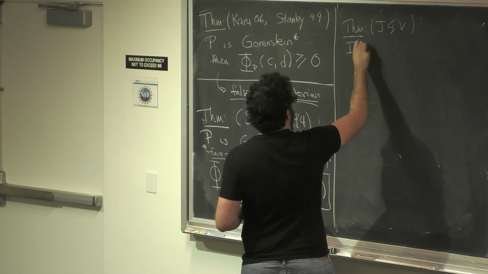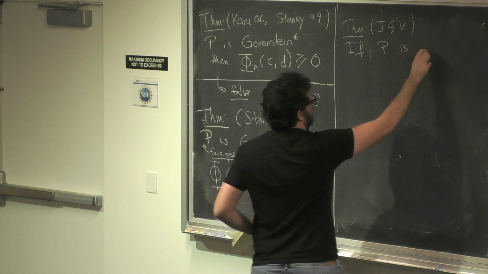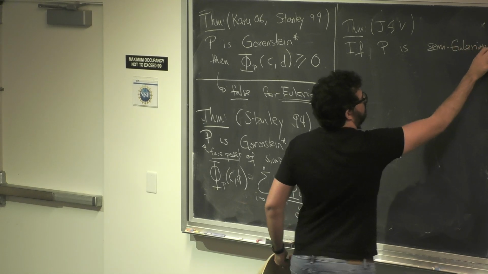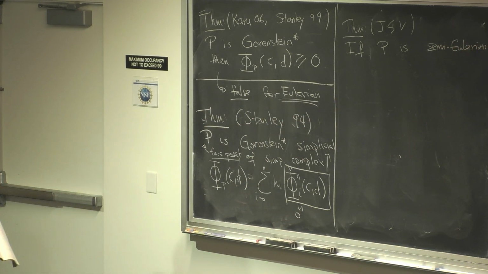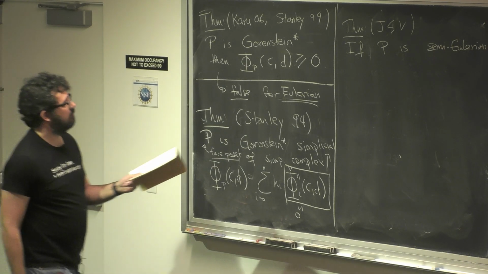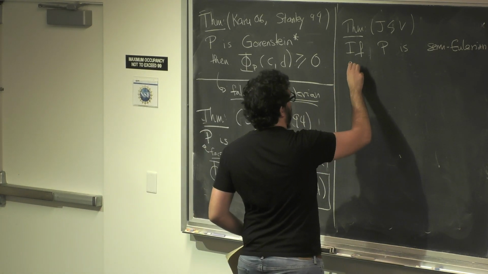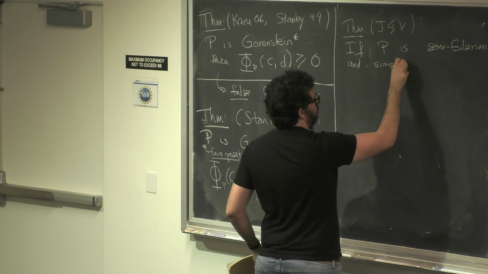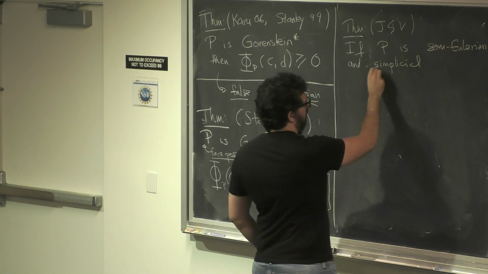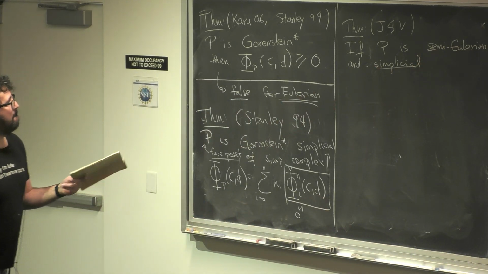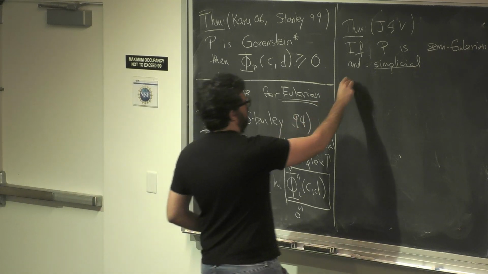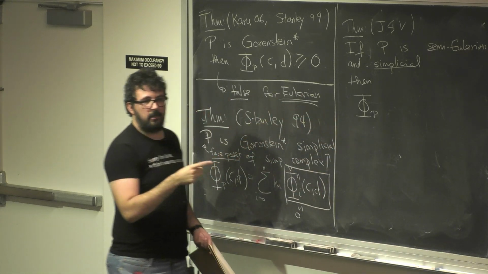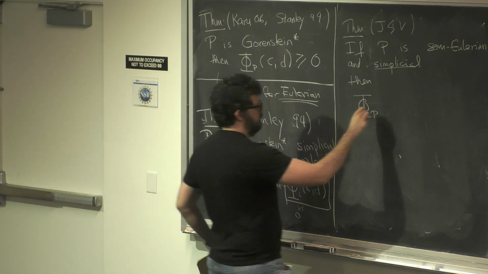If P is semi-Eulerian and simplicial, and you should think of a triangulated manifold, then the CD index that we defined with this funny modification still satisfies this.